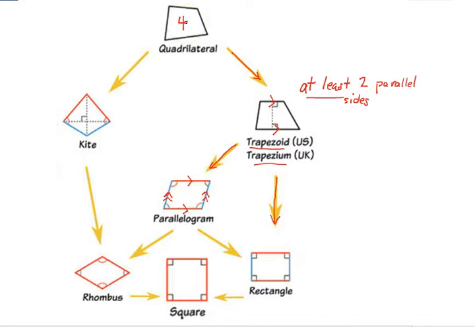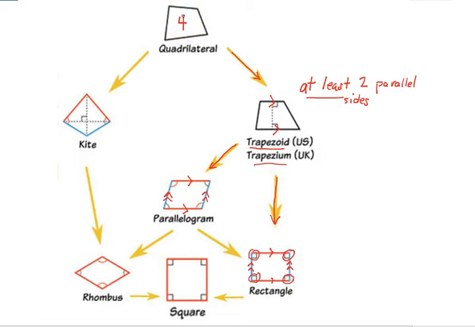The rectangle is a special trapezoid. It has two sets of parallel sides. The top and bottom are parallel, and the sides are parallel. The special quality of a rectangle is that it has four right angles.